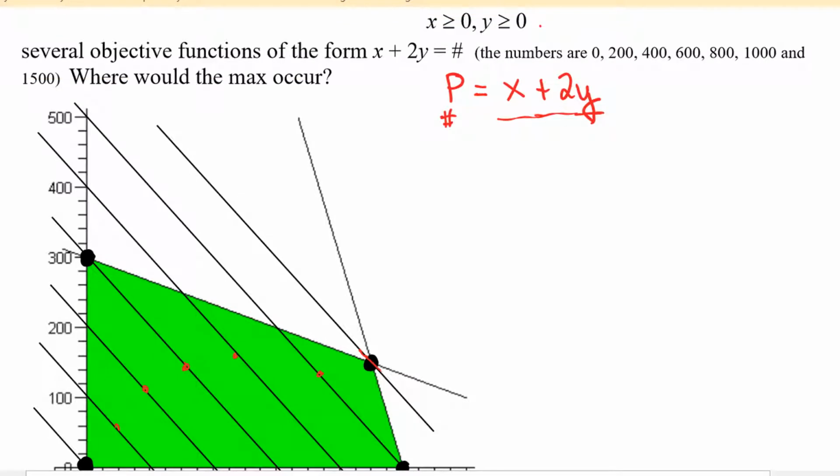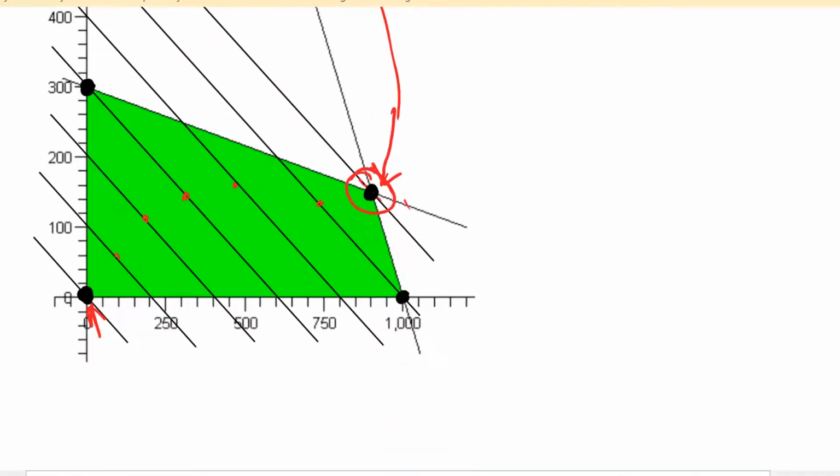And that one, you can see, is going to have the largest y-intercept, which relates to the profit. So the max would occur at this point right here. Okay, so if you increase the y-intercept just a little bit more, now your parallel line wouldn't even hit the feasible region. So we've shown the max will occur at a corner point.